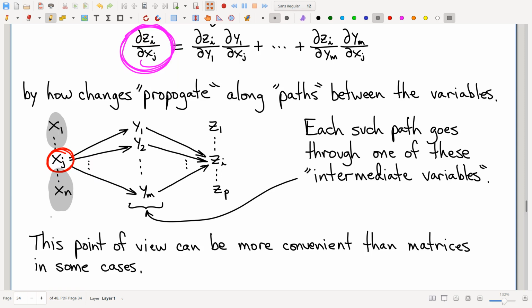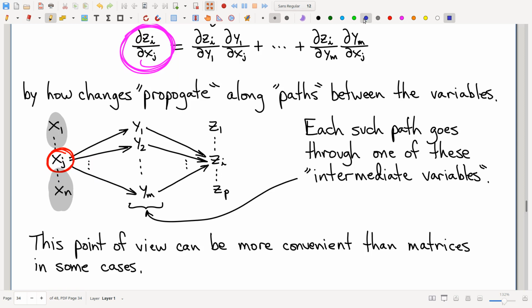In other words, if you were to forget about the whole left function, you change y1, that's going to make zi change. But then also, if you change y2, that also will make zi change. So there's what I like to call a propagation of changes, and the changes propagate along what I like to call paths.